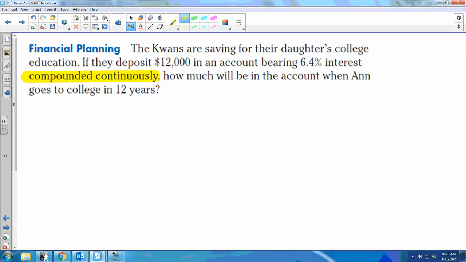If it had said compounded quarterly, you have to use the one from Learning Target 5. So we have A equals P times e to the RT power. So what's your initial amount invested? And what is your interest rate?